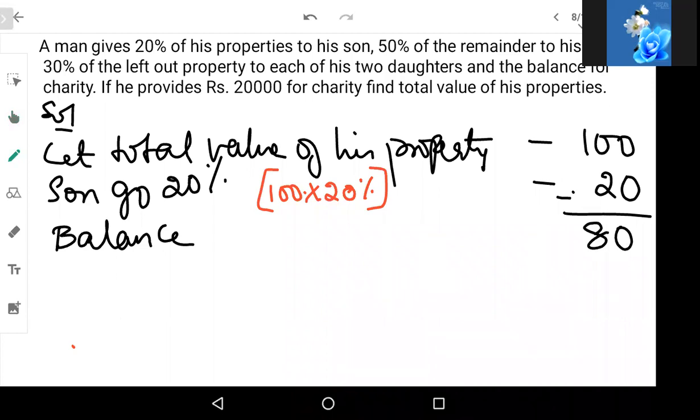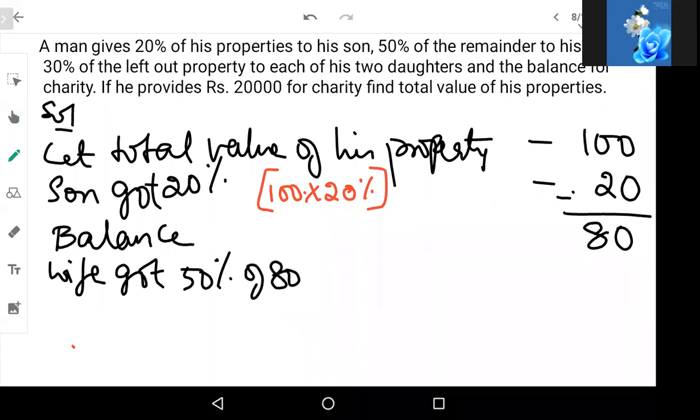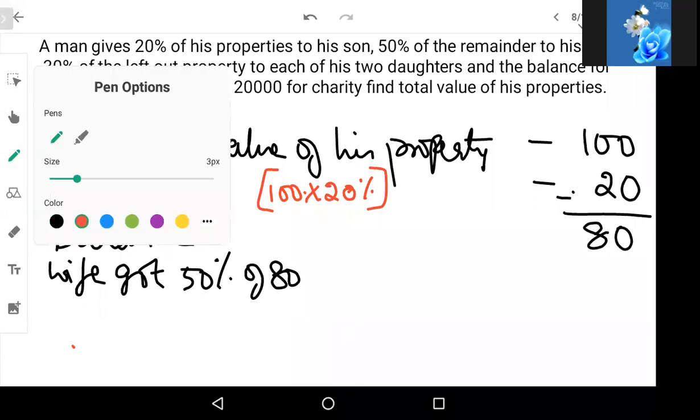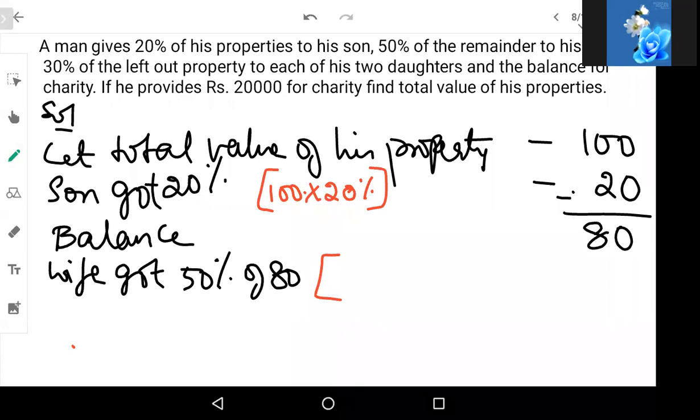In this 80, the wife got 50%. Now here it is 50% of 80, not 50% of 100. Please be very careful because it says remainder, whatever is left out. So 80 into 50%, which is nothing but 40.